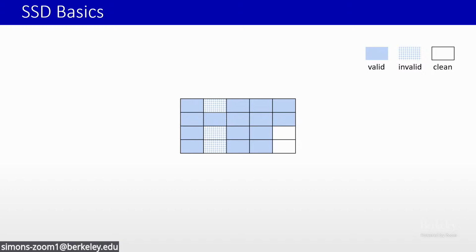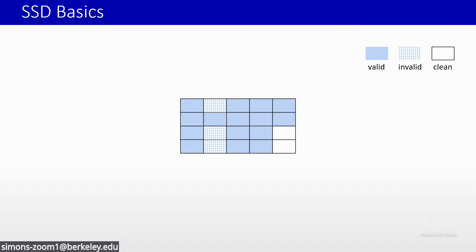So let's say we want to clean this block. The problem is that it has one valid page in it. Ignore the fact that earlier this location became invalid. This is just a bad choice for the animation.